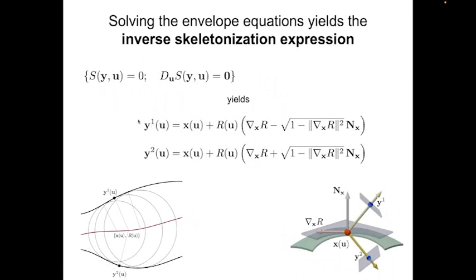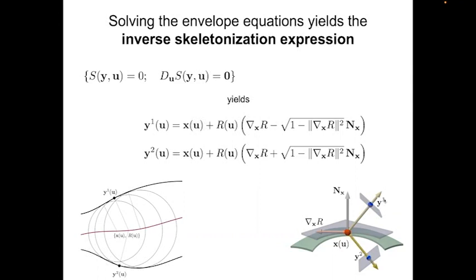This vector from X to Y we can decompose into a portion that is normal to the surface and a portion that is parallel to the tangent plane of the surface. The portion that is parallel to the tangent plane is this grad R, the vector describing the change in the scalar field R with respect to the parameter U.